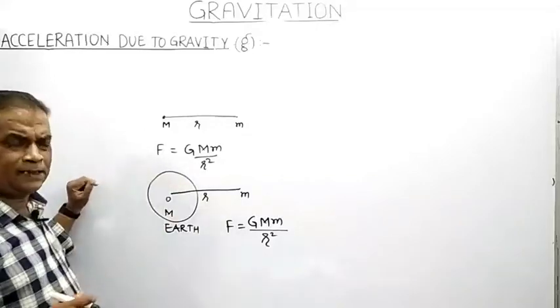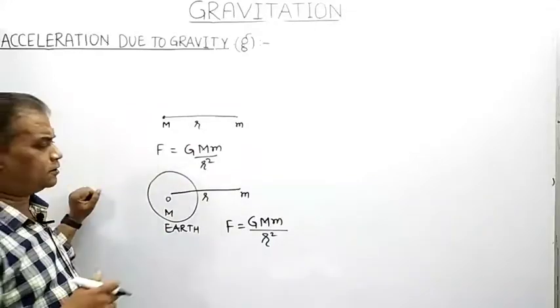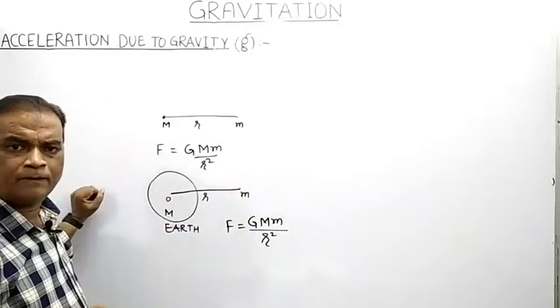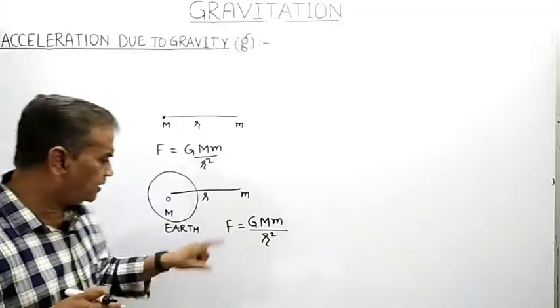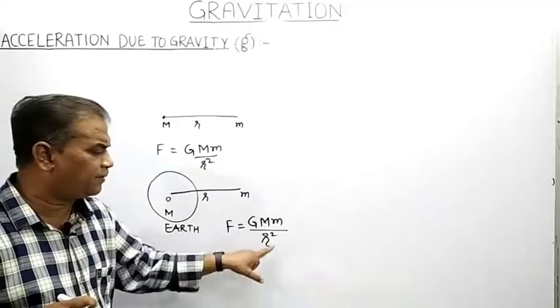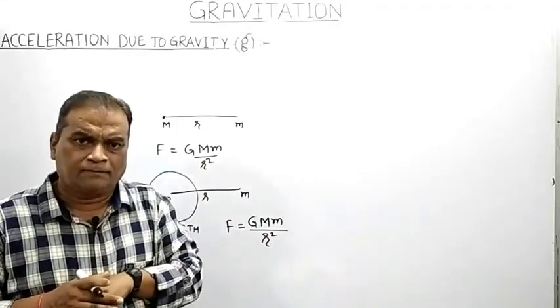So the situation here is that the gravitational force experienced by a point particle of mass small m is F equal to GMm divided by r square.